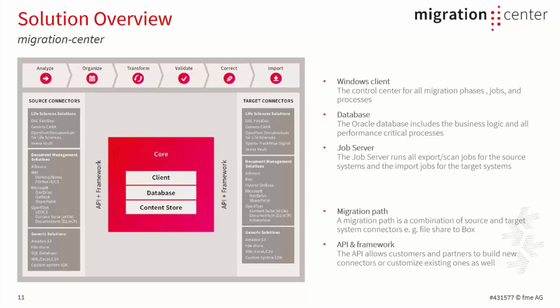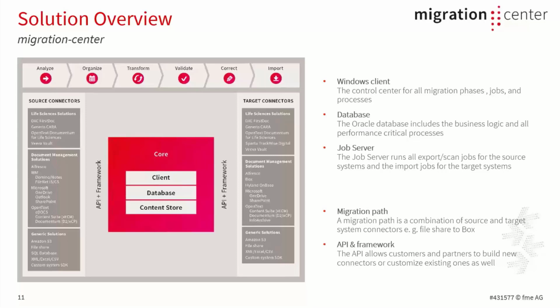As you see, we have many source connectors supporting the big vendors like Microsoft, OpenText, Alfresco, Generis, but also we have generic solutions for file shares, SQL databases, XML, CSV, and so on, and also support custom systems.